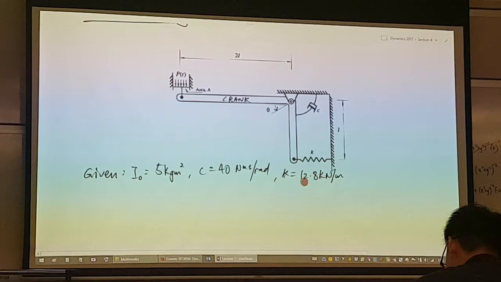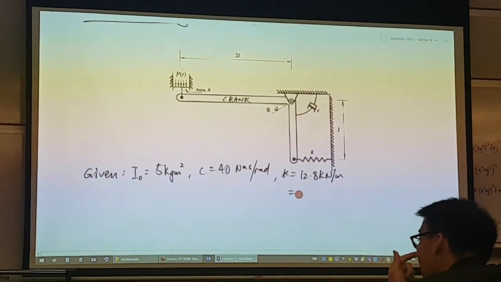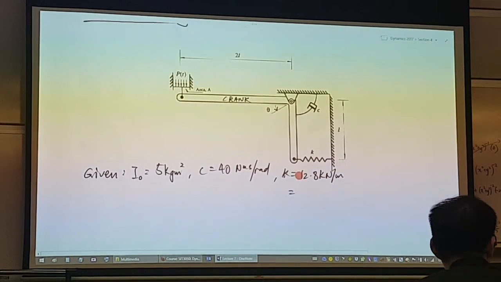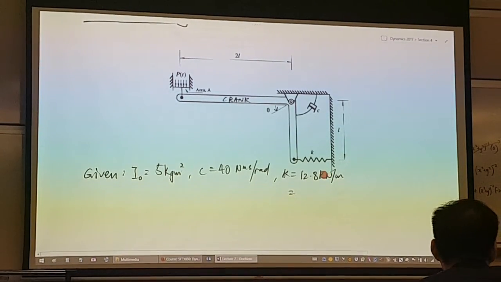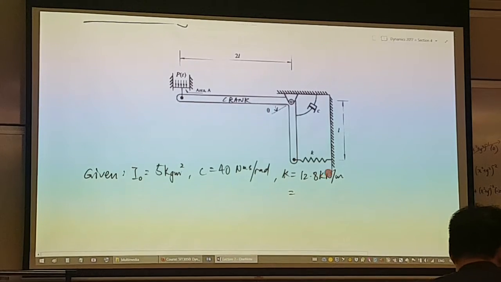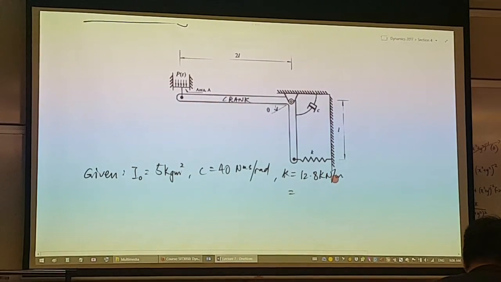And whenever I see K that's written in kilonewtons per meter, I would want to change that, because some students would just write down 12.8 without looking closely at this unit. And then hence in the calculation, they'll make a mistake because they forgot that it's kilonewtons per meter.